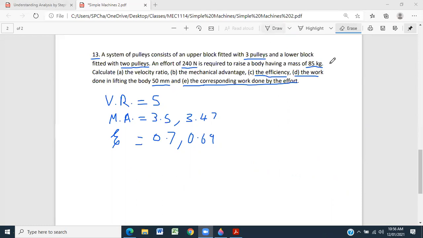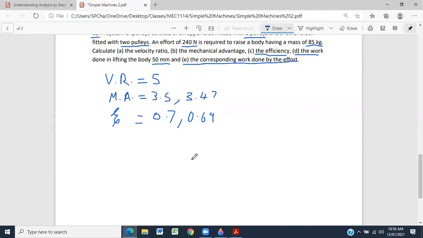So what that tells us is that the velocity ratio is equal to the number of pulleys in the upper block, 3, plus the number of pulleys in the lower block, 2, which is 5, the total number of pulleys in the system. So most of you got that right, that's 5.